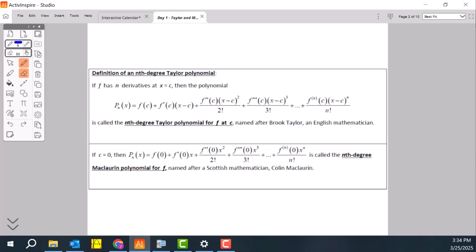This is the formula for a Taylor polynomial and Maclaurin polynomial. You can pause the video and write it all down, but I'm just going to talk about what it's saying. So this is saying if we have a function f that has n derivatives, then this polynomial is going to be an approximation for f of x.